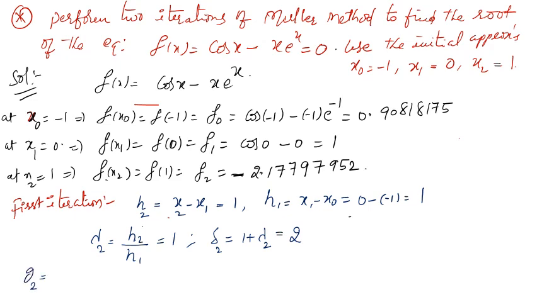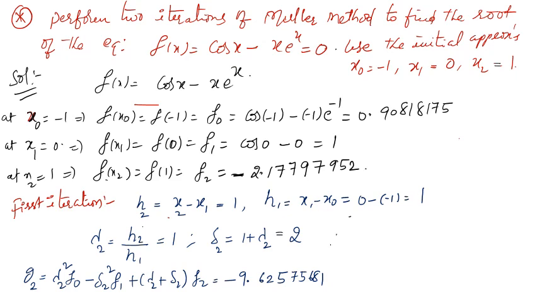Next one, what? g2. What is the formula of g2? Lambda 2 square f0 minus delta 2 square f1 plus lambda 2 plus delta 2 into f2. Substitute all these expressions and the result is minus 9.62575681.